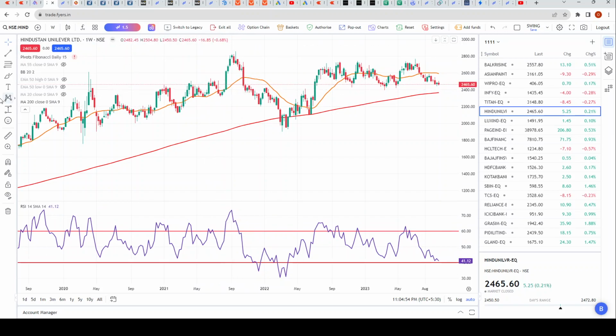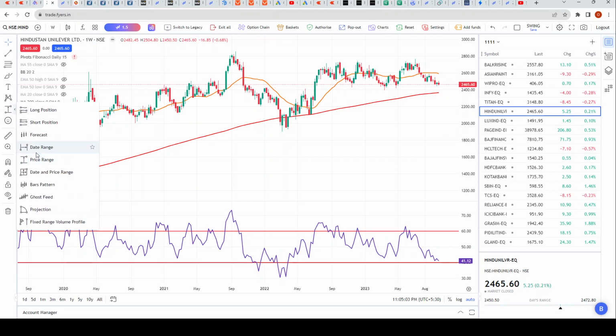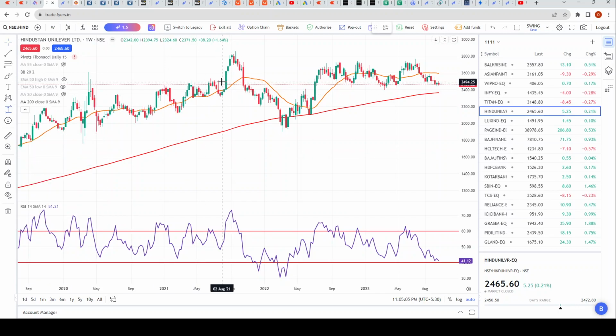And if you had taken this trade and held it for 3-4 days, this is a weekly chart, by the way, and if you had held this trade for about 2-3 weeks, then say you entered over here, not even at the bottom, you would have made about 275 rupees. When should you sell?